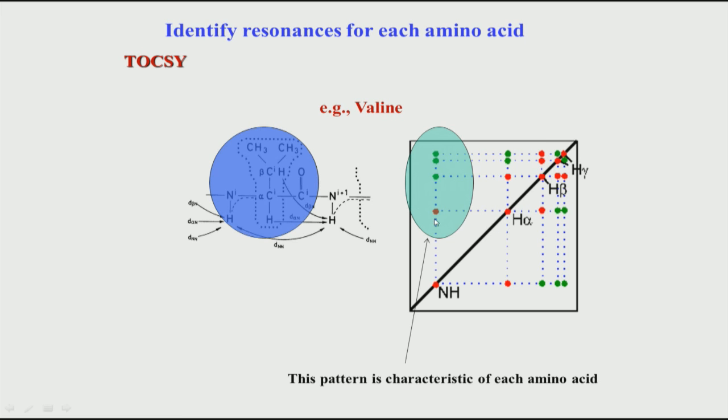If you recollect, in the previous slide we saw the center is water. So, typically downfield of water come aromatics and amides, but upfield, above water, come the aliphatics.